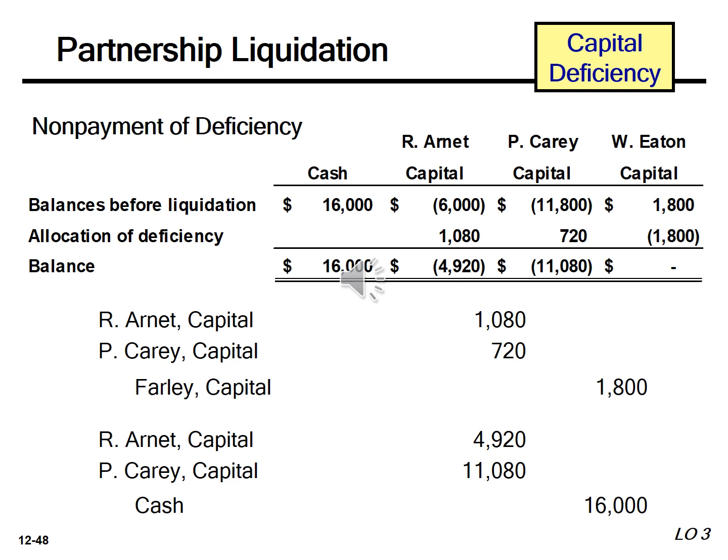And again, when we close the balances, it is going to be recorded as follows. Arnett's capital is going to be 4,920, Carey's capital 11,080, and of course both of these total or balance to the $16,000 cash, which is the cash balance in the business.